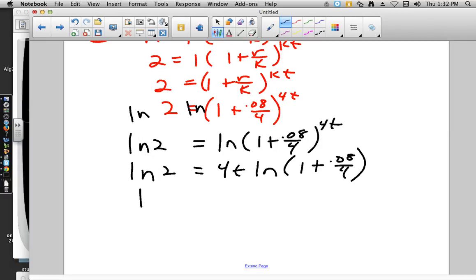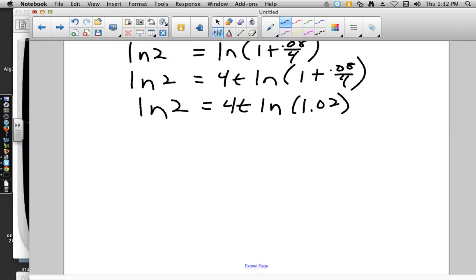And we will have the natural log of 2 equals the 4t times natural log of (1 plus 0.08 divided by 4). Now this one is kind of nice because we can go ahead and simplify what we have in the parentheses. It's certainly not difficult to simplify 0.08 divided by 4 and get 0.02. So this is 1.02. And you get to this point and you say, well, now what?